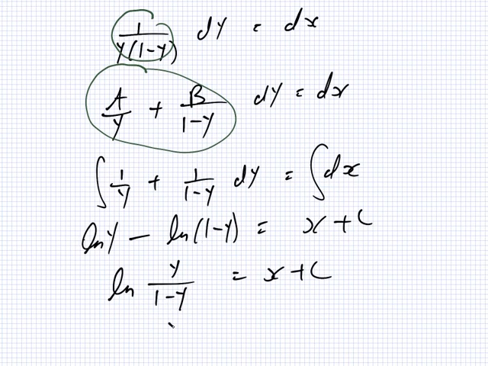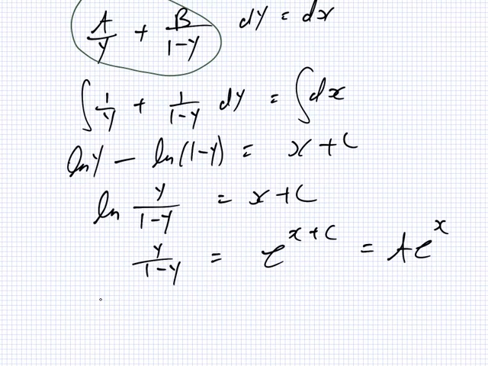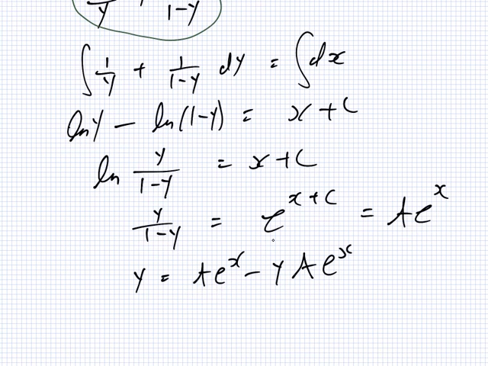Then I'll exponentiate both sides, which is equal to Ae^x by example 1. Of course, I'm not looking for this, I'm looking for y. So I'll say y equals Ae^x minus yAe^x if I cross multiply. Taking this over to the left, I get y plus yAe^x equals Ae^x.